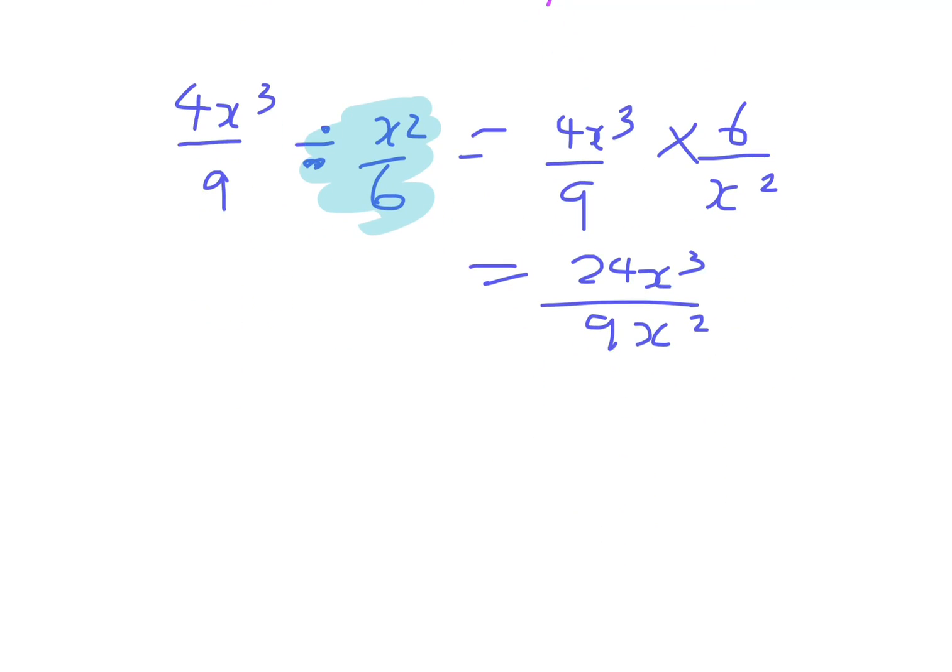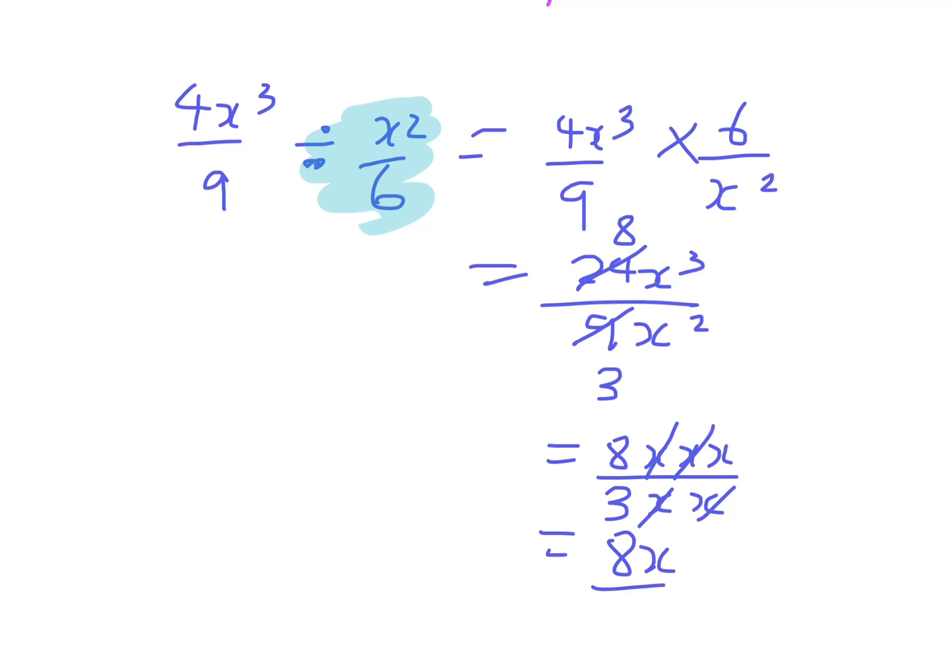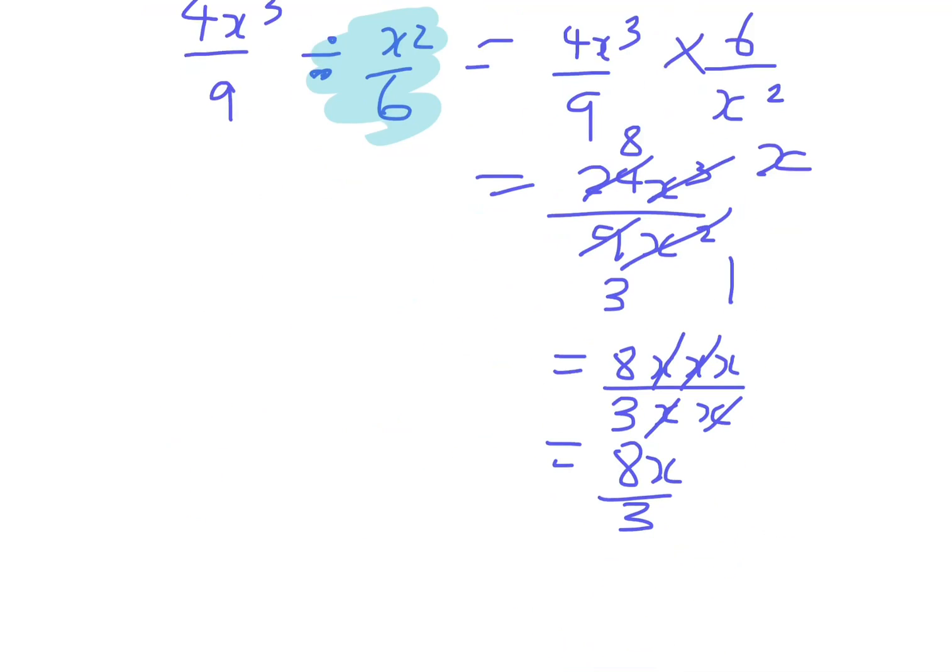What goes into 24 and 9? That would be 3. 3 goes into 24 8 times, 3 goes into 9 3. So you have 8, and you have 3 x's on the top, and 3 and 2 x's on the bottom. 1 x would cancel, and 1 x would cancel. You end up with 8x on 3. Because x squared goes into x squared once, and into x cubed it goes x times, because there's 1 extra x there.